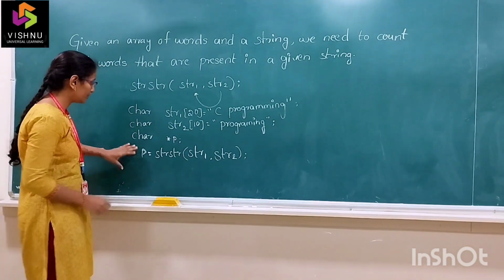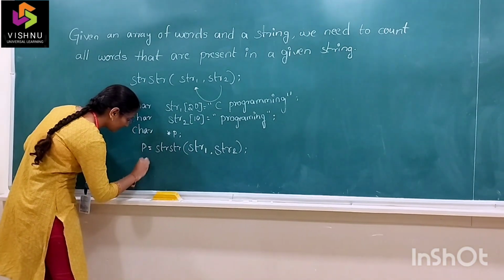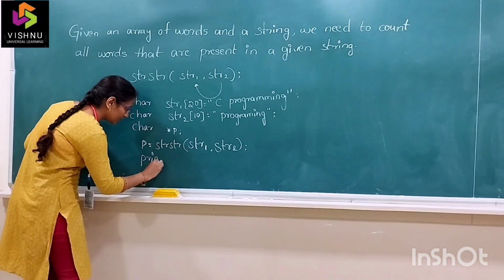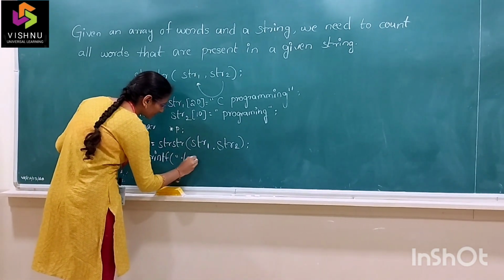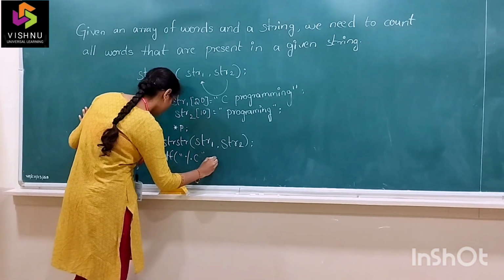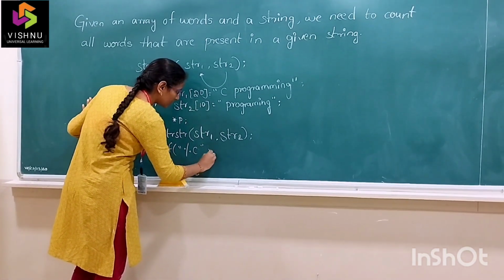Now let me print this: printf of %c, comma, *p.